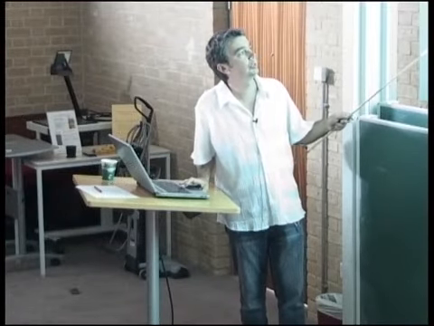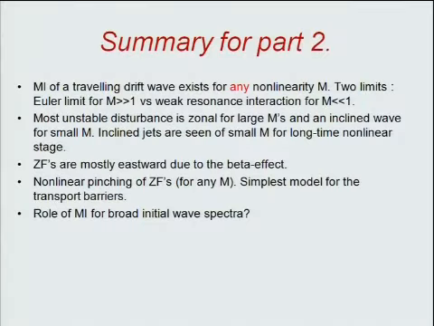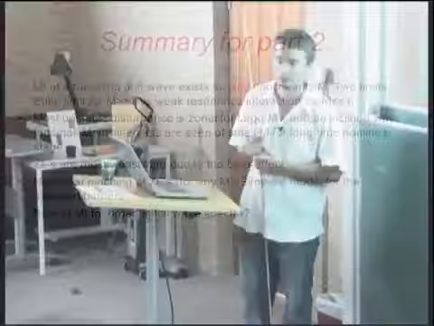I guess for this modulation instability part, I think it still remains an unstudied question when it's better to use the modulation instability scenario and where one has to talk about cascades. That was mentioned in a workshop last week.